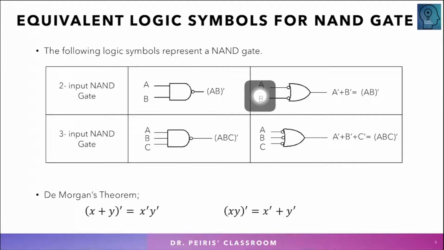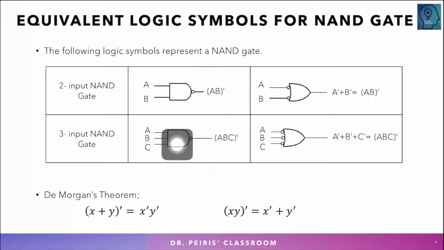If you give A and B, when it goes to the gate, it becomes A prime, B prime, and then it's OR. So A prime or B prime. Following De Morgan's theorem, X prime or Y prime is basically XY complement, which means this can be written as AB complement. So this is the same as that. We can use either this symbol or this symbol to denote a NAND gate. Both are NAND gate symbols.